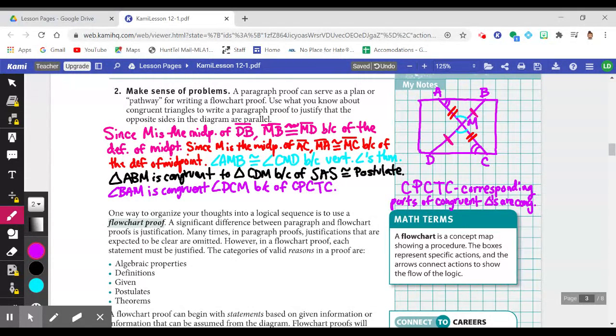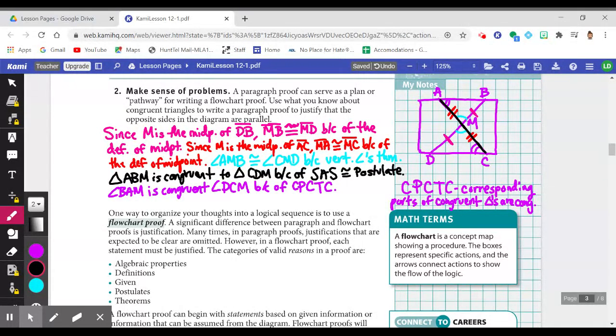Well, then you're probably still asking yourself, why do we need to know these two angles are congruent? Well, now we're going to dip back even further to something we learned. We're trying to prove that the lines or the opposite sides are parallel. Think about what AC is acting as, this segment right here. This segment is acting as what we call a transversal. It's a line that intersects two or more lines.